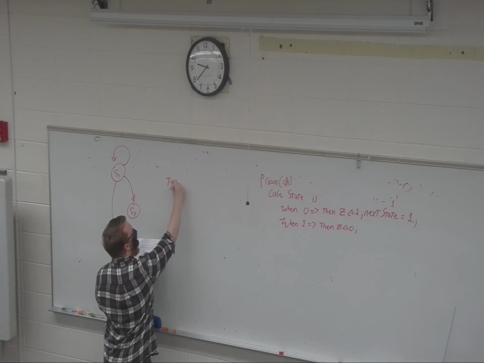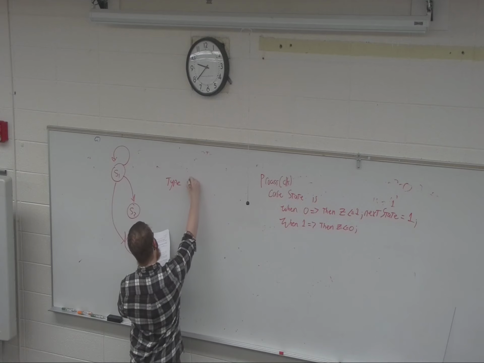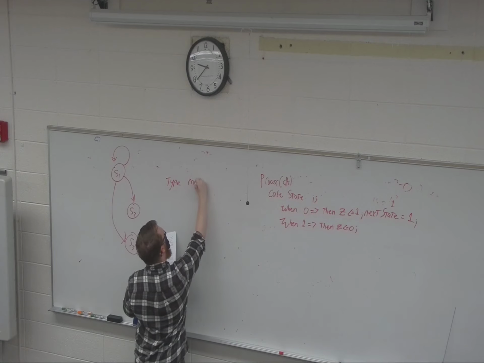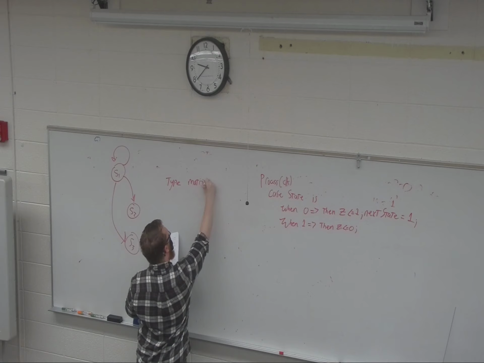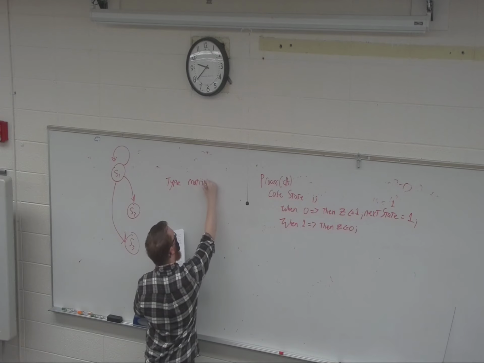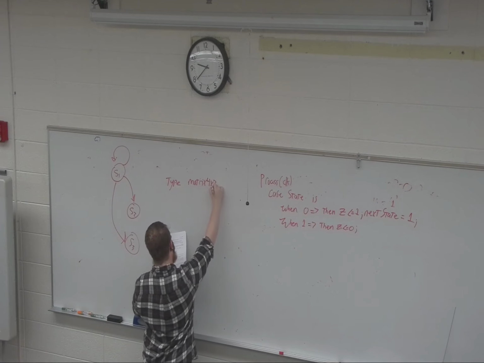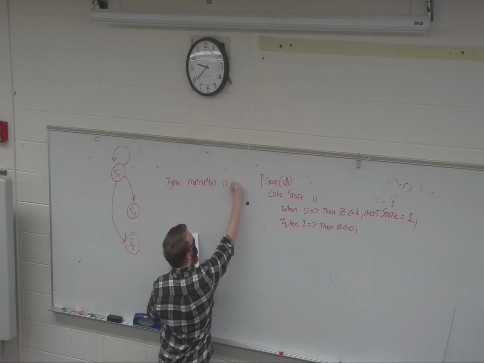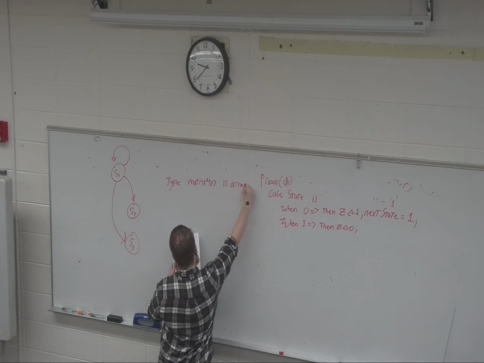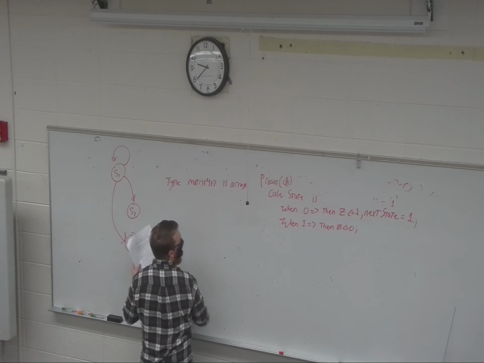I'm going to create a type. I'm going to call it a matrix, and it's going to be matrix 4x3. And I'm going to say it is an array. Sorry, I have to erase this.